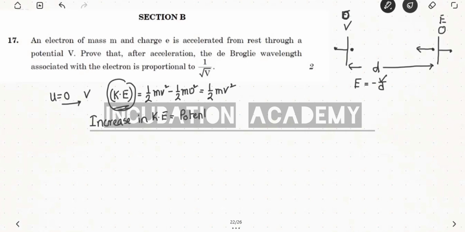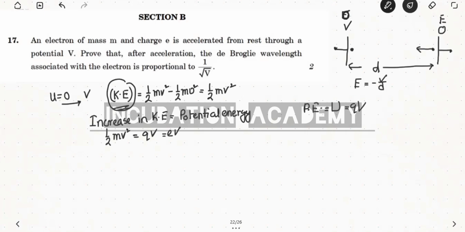Potential energy, denoted U, is the product of the charge and the potential between the two plates. So 1 by 2 m v squared equals q V, or e V.